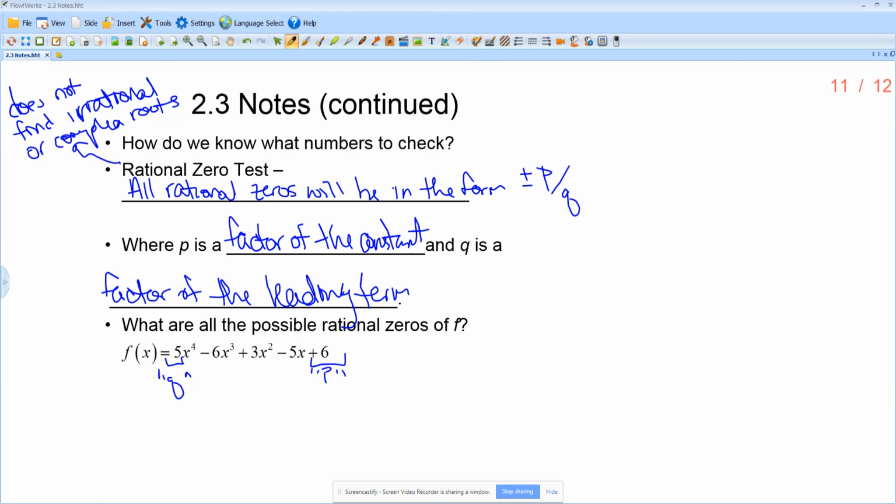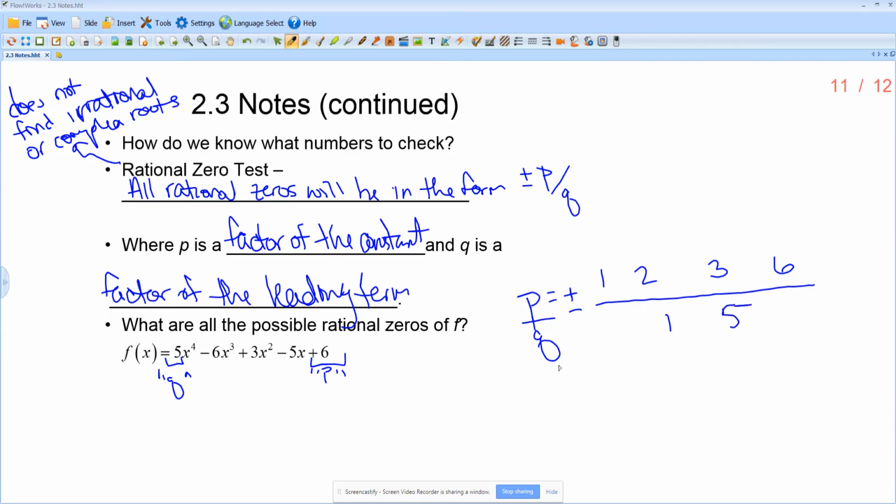The possible rational zeros are all the factors of p over all the factors of q. So it's plus or minus the factors of p, which would be 1, 2, 3, and 6, because I'm doing the factors of 6, over the factors of q, which would be 1 and 5.